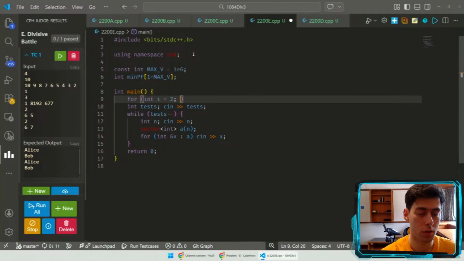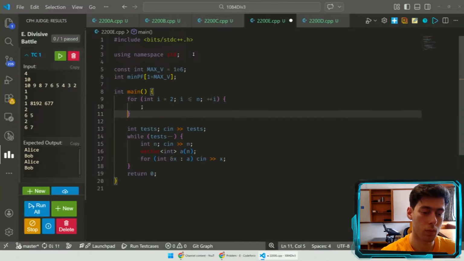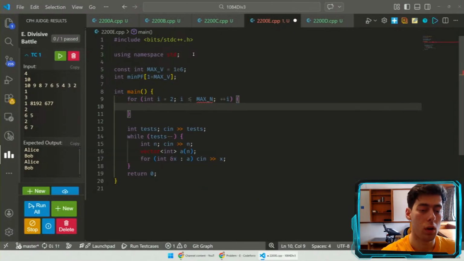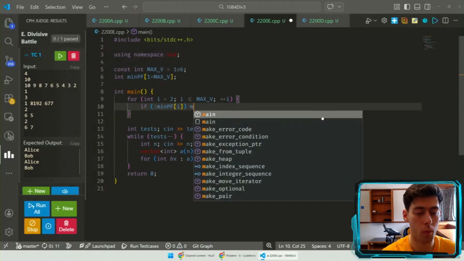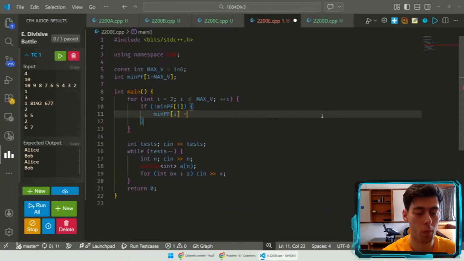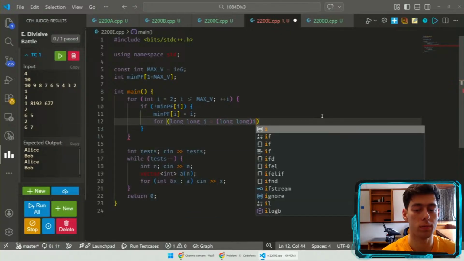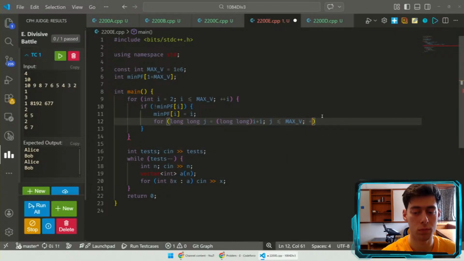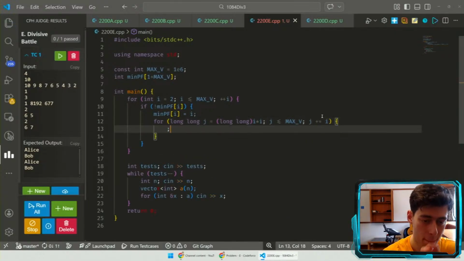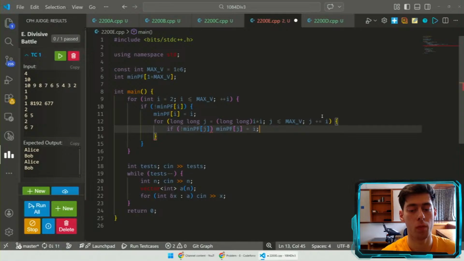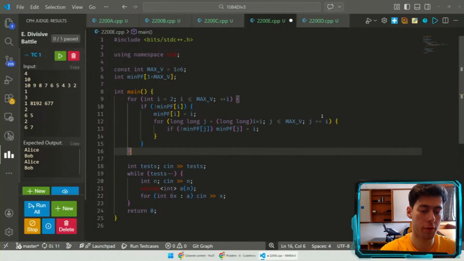I'll pre-compute this. Okay, so I've pre-computed that.